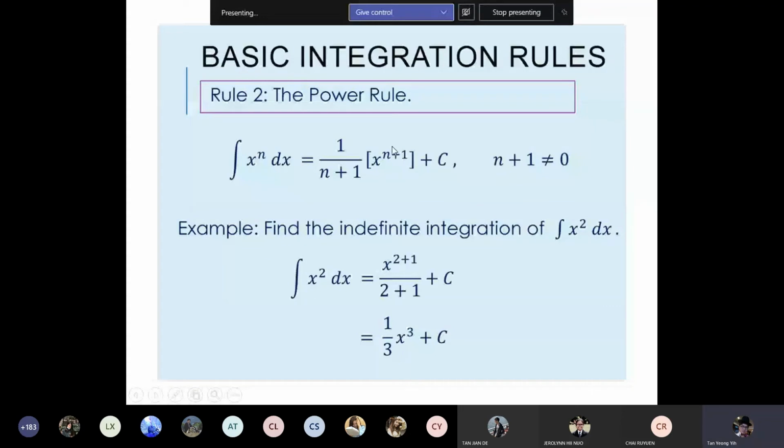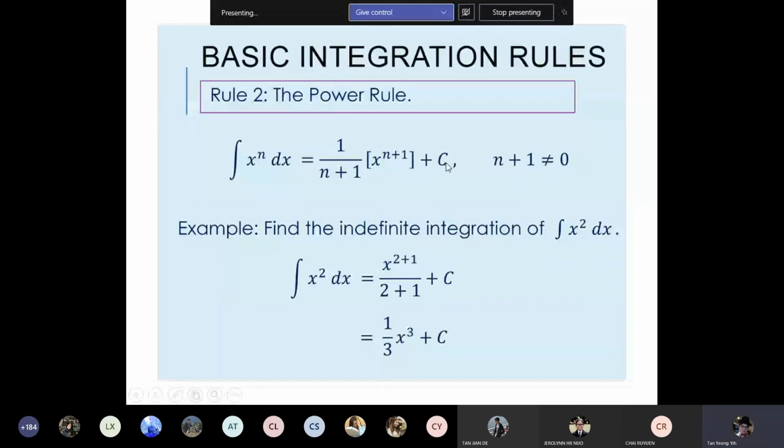After that, we take this whole n plus 1 and we divide. So it is x to the power of n plus 1, divided by n plus 1. This number we bring down to divide. And we add the c to represent the constant.